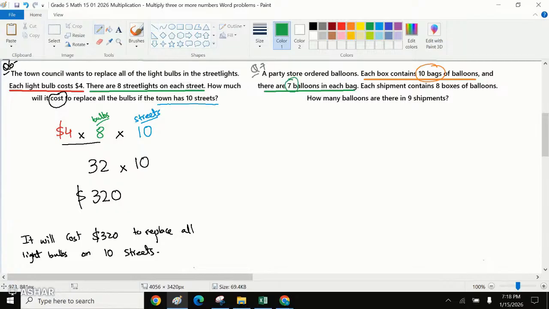Let's see further what they're asking us. Each shipment contains 8 boxes of balloons, right? So we can always find for one shipment, right?